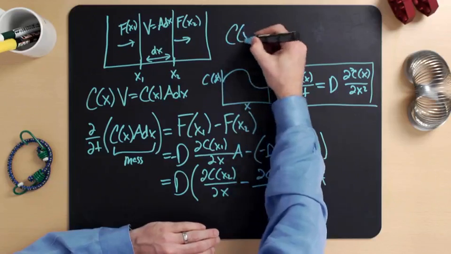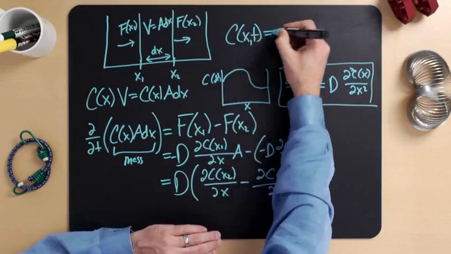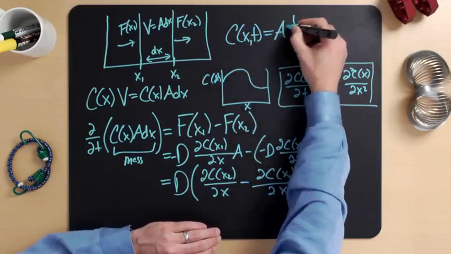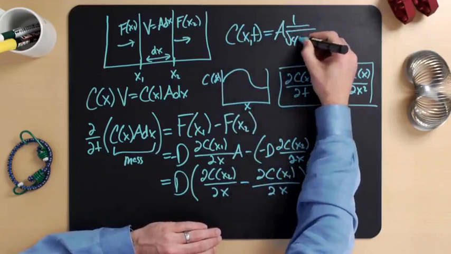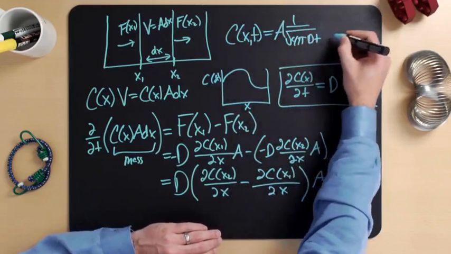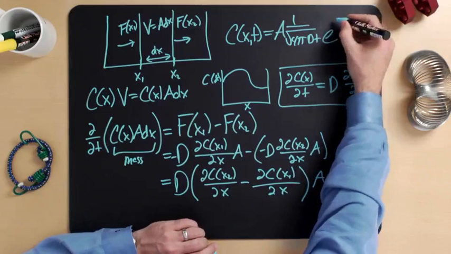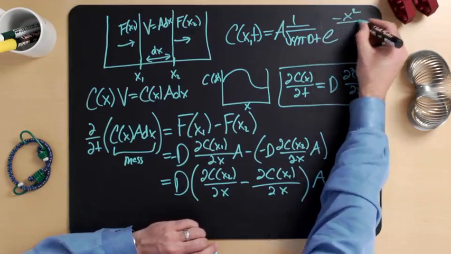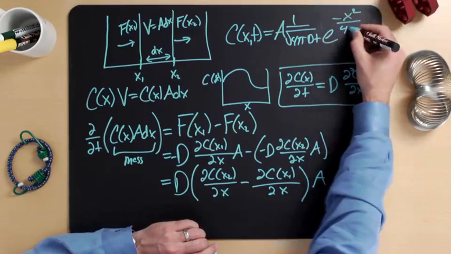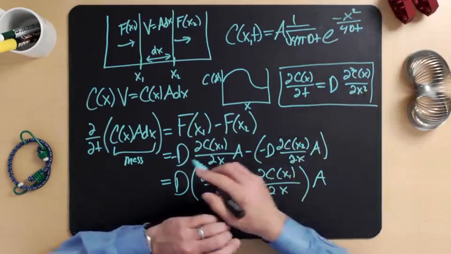It turns out that with these assumptions, we again get an analytical solution that is of the form of an exponential. We get C of x, t is equal to A times 1 over the square root of 4 pi Dt times e to the minus x squared all over 4Dt.